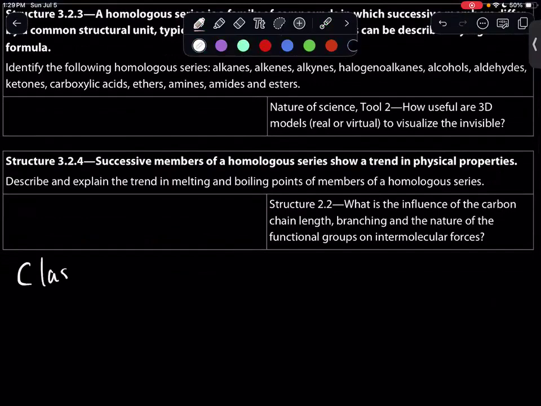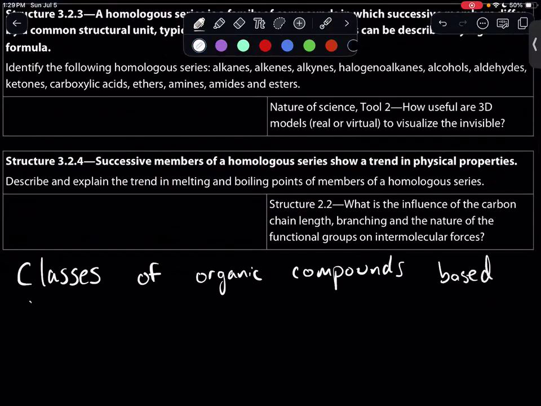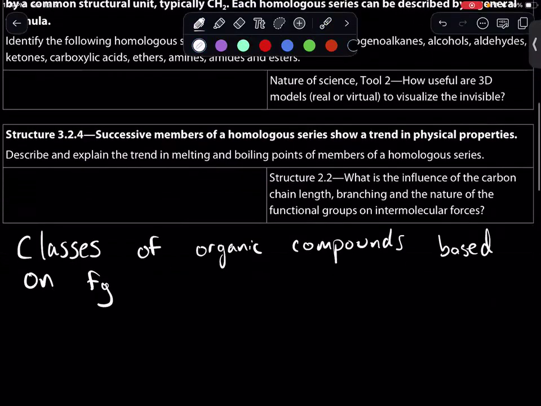which is that classes of organic compounds are often based on functional groups. Remembering I'm abbreviating functional group as FG.